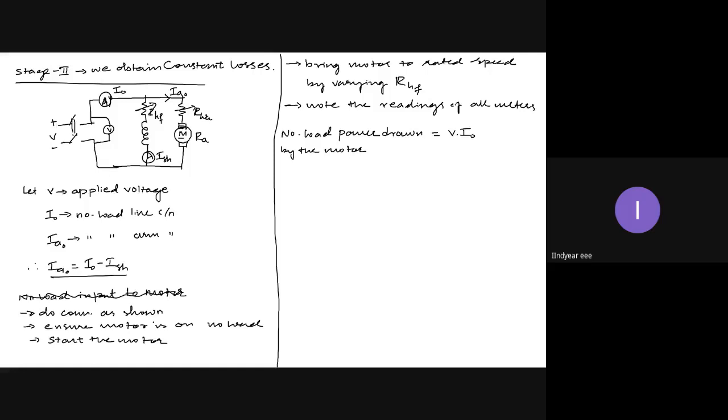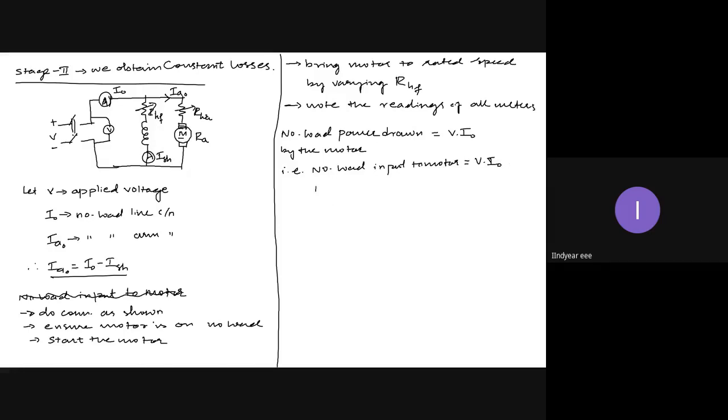Voltage will remain constant whether load or no load, theoretically. Practically, it will drop slightly. This is the no load power drawn, or no load input to the motor, equal to V into I0.